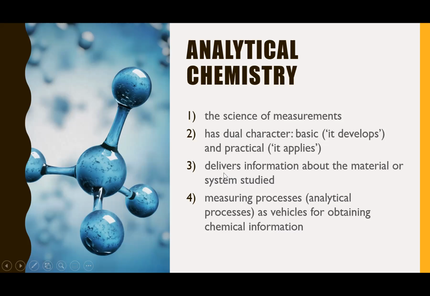Okay, so the purpose of analytical chemistry is to deliver information about the material or the system that we studied. So we measure all about it. We measure the chemical information about the sample, the material, okay? And the measuring process is called analytical processes. So we use analytical processes as tools or vehicles for obtaining chemical information.